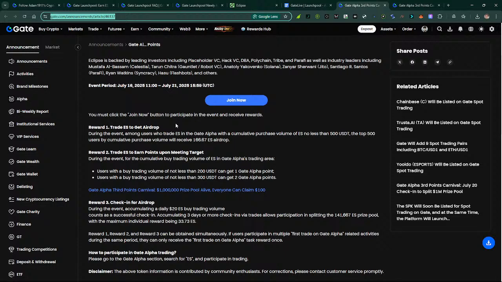During this event, among users who trade ES in Gate Alpha with a cumulative purchase volume of ES no less than 500 USDT, the top 500 users by cumulative purchase volume will receive a 166.67 ES airdrop. Remember that. And trade ES to earn points upon meeting the target.